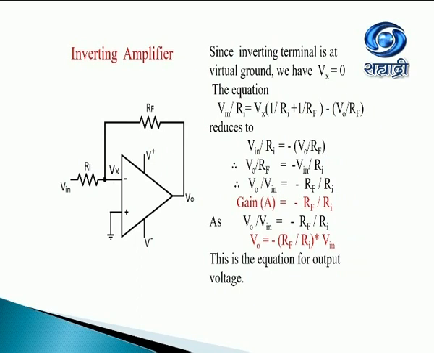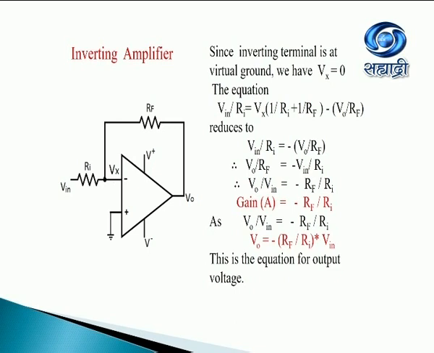Since the inverting terminal is at virtual ground, we have Vx equal to 0. The equation reduces to Vin upon Ri is equal to minus Vo upon Rf.